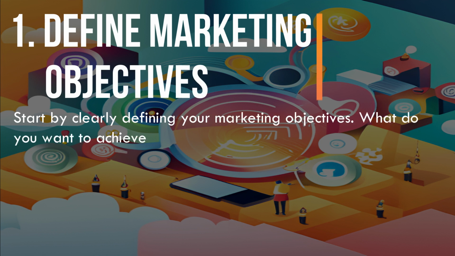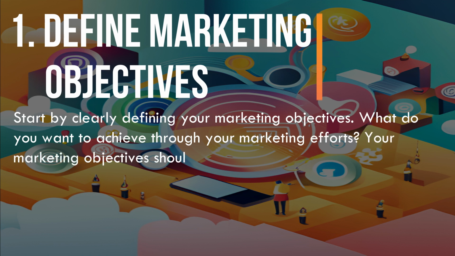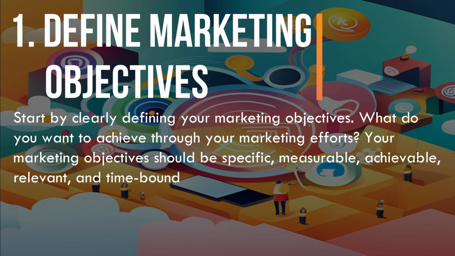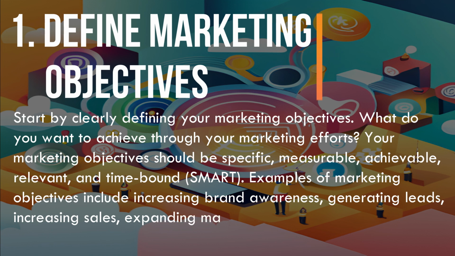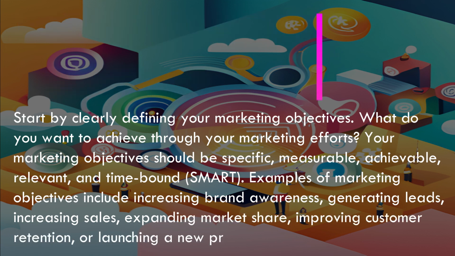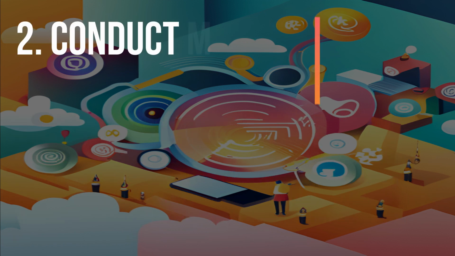What do you want to achieve through your marketing efforts? Your marketing objectives should be specific, measurable, achievable, relevant, and time-bound, SMART. Examples of marketing objectives include increasing brand awareness, generating leads, increasing sales, expanding market share, improving customer retention, or launching a new product/service.